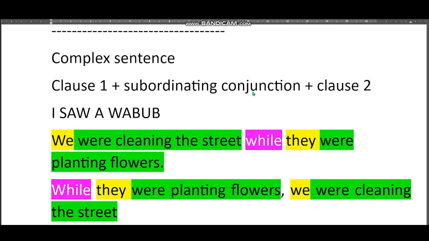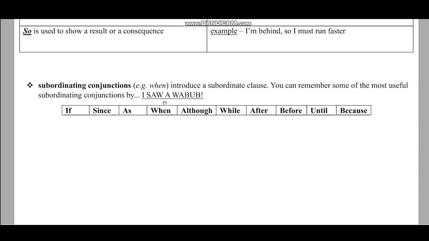So, what are the subordinating conjunctions? We use the acronym ISO-OABUB as a way to remember the subordinating conjunctions, and ISO-OABUB is the acronym for the following: if, since, as, when, although, while, after, before, until, because.